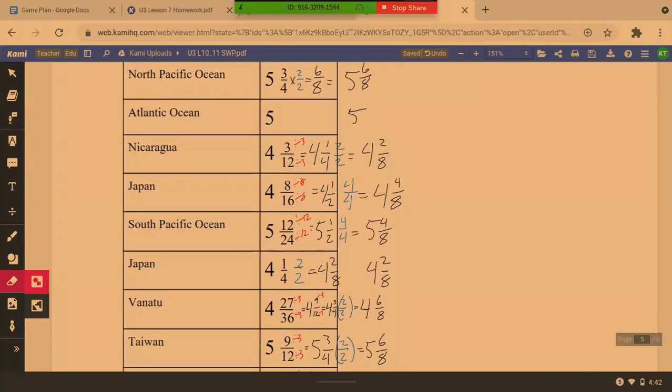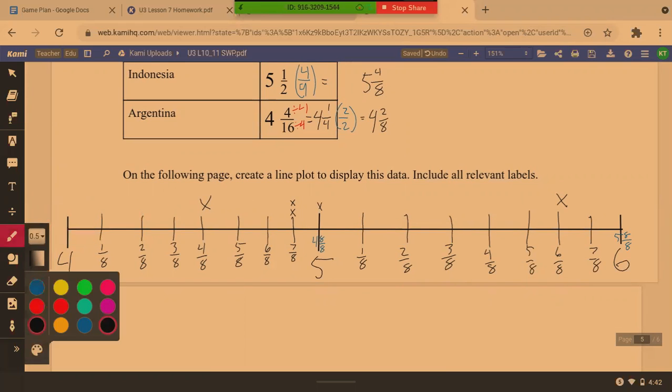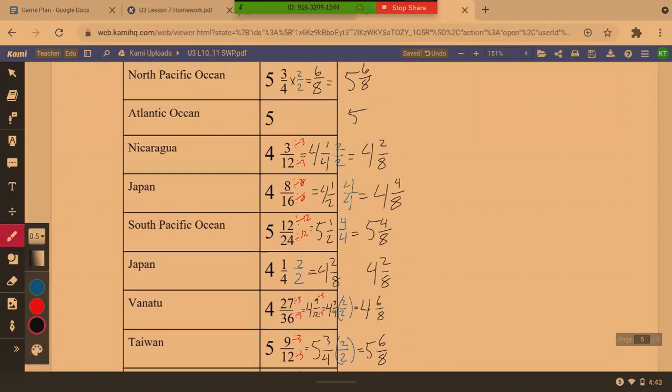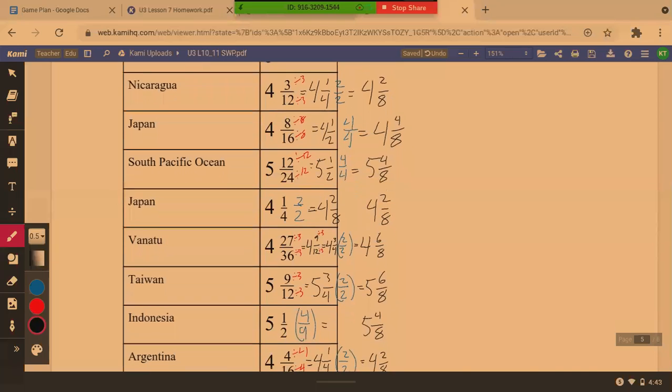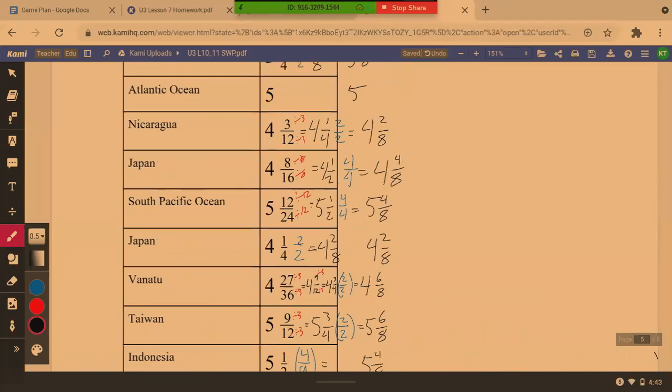Okay, 4 and 2, 8. Five and 4, 8. 5 and 4, 8. I'm doing 2 at a time.